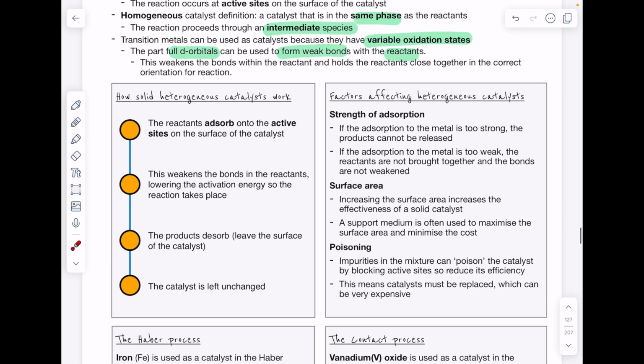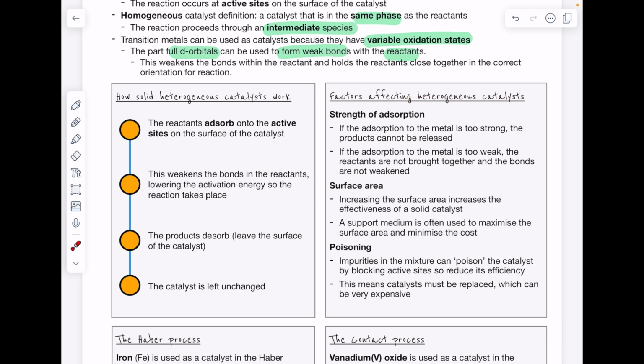So looking in more detail how solid heterogeneous catalysts work, the reactants adsorb onto the active sites on the surface of the catalyst. This weakens the bonds in the reactants, lowering the activation energy, enabling the reaction to take place. The products desorb. This means that they leave the surface of the catalyst, and as you'd expect, the catalyst is left unchanged.